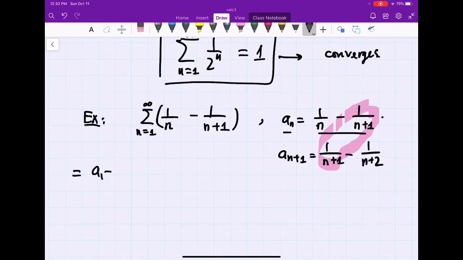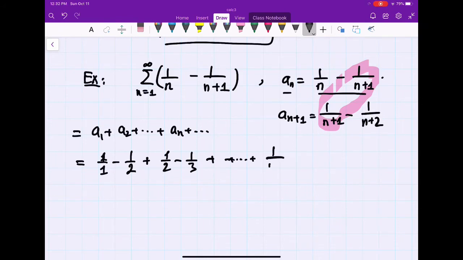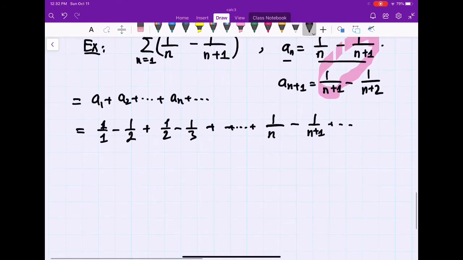So you have a_1 plus a_2 plus so on plus a_n and so on. Okay, and then you can see the following. What is a_1? a_1 is 1 over 1 minus 1 over 2, plus a_2 is 1 over 2 minus 1 over 3, plus so on, and then plus a_n is 1 over n minus 1 over n plus 1 and so on.